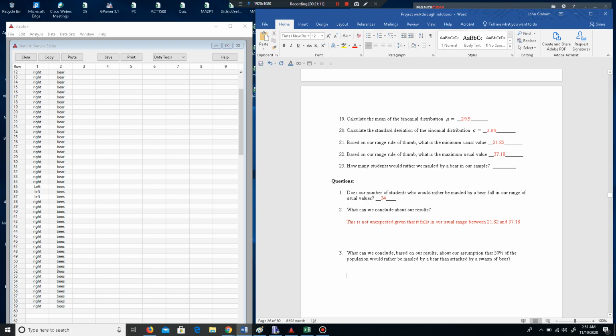Right, so we can still assume that the percentage is a 50-50 split between choosing being mauled by a bear or attacked by a swarm of bees.